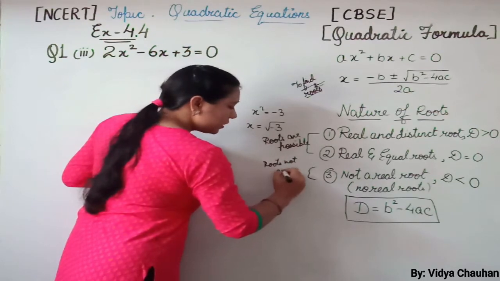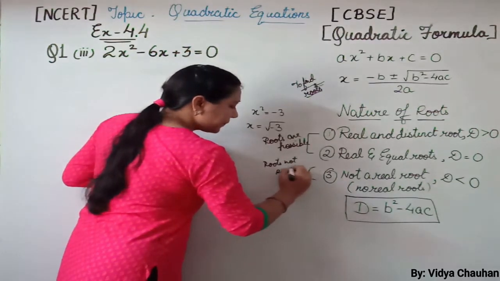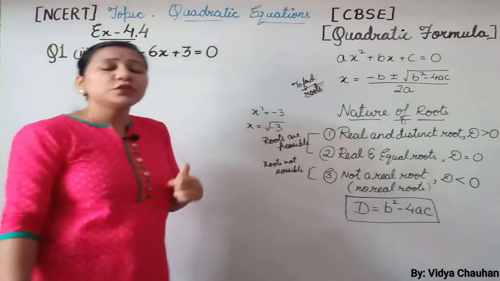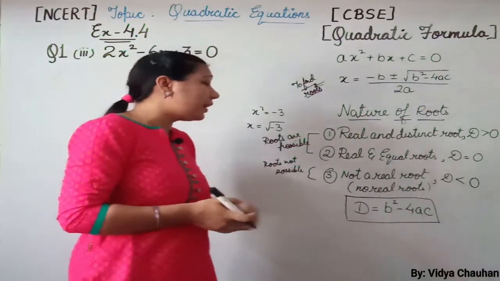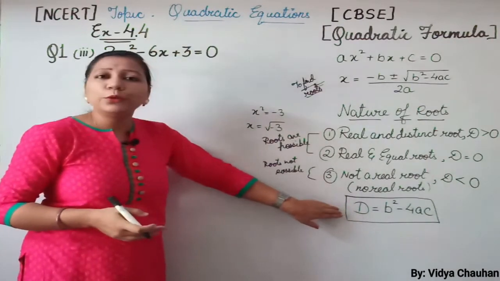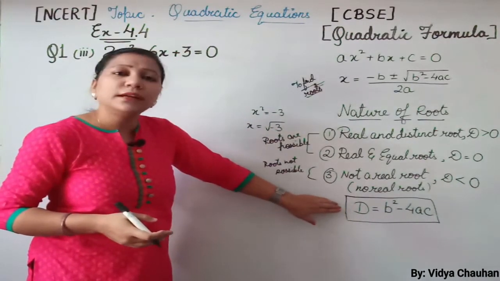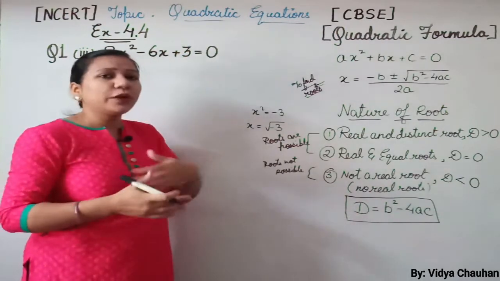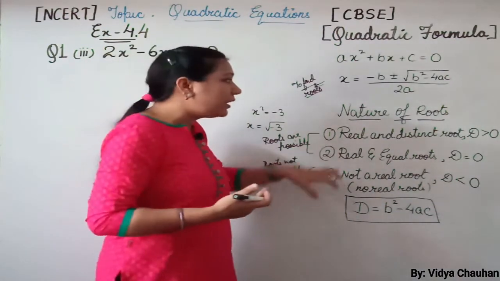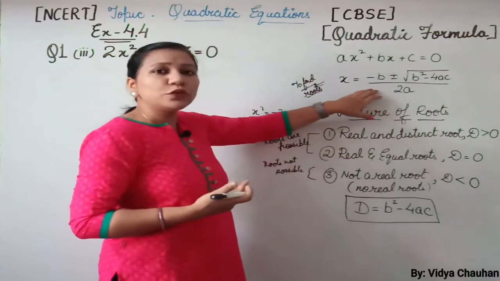Roots not possible. So whenever you start solving a quadratic equation by the quadratic formula, very first find the value of its discriminant D. After D, you will be sure whether you can continue further for the roots or not.